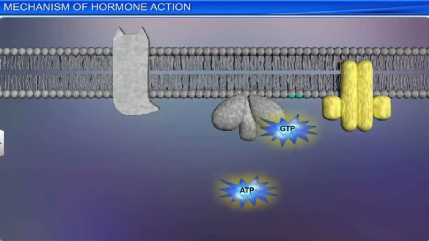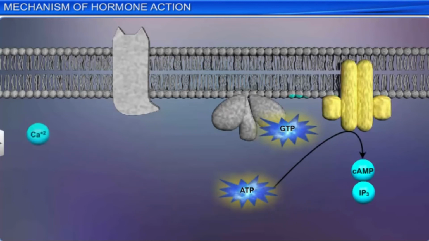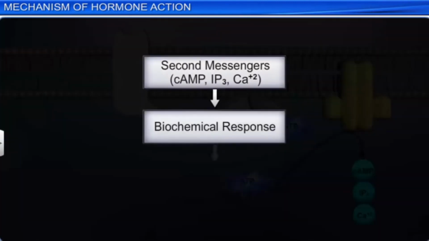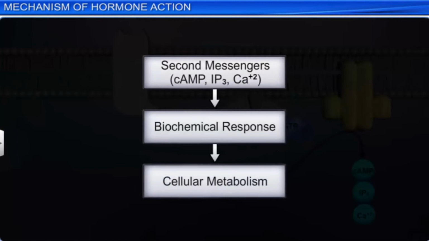This complex, in turn, generates second messengers such as cyclic adenosine monophosphate, inositol triphosphate, calcium ions, etc. These messengers bring about certain biochemical changes in the target tissue and regulate the cellular metabolism.